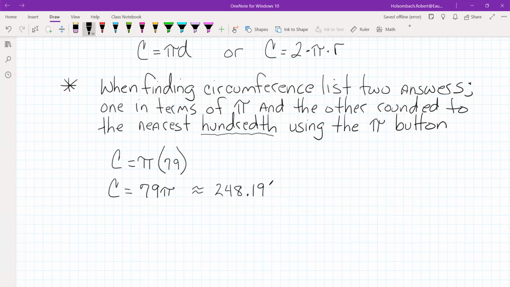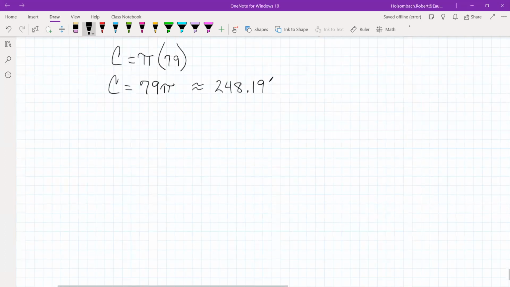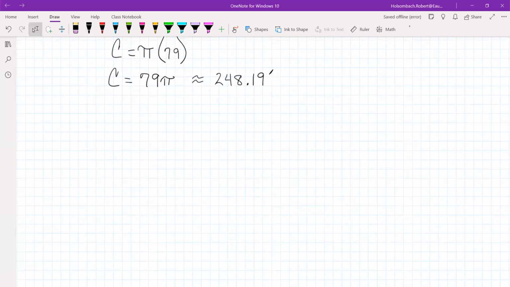Number 4A there, on the bottom of that page. Find the circumference of each circle rounded to the nearest hundredth. They're telling you there that the radius is 2.5. So example 4A, we're going to go circumference equals 2 times pi times that radius, which is 2.5.